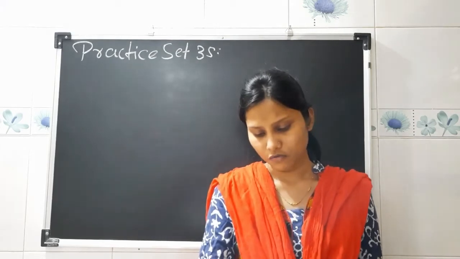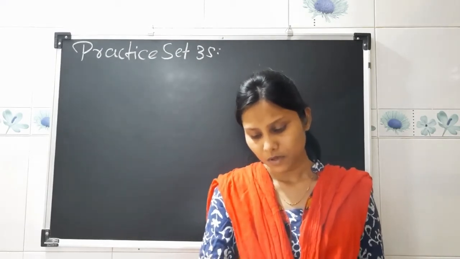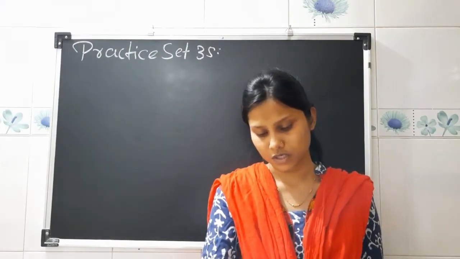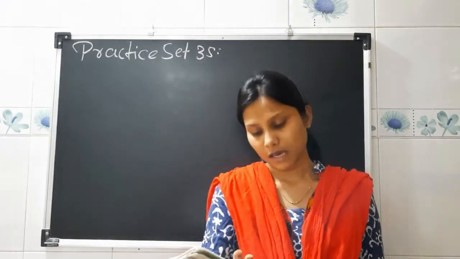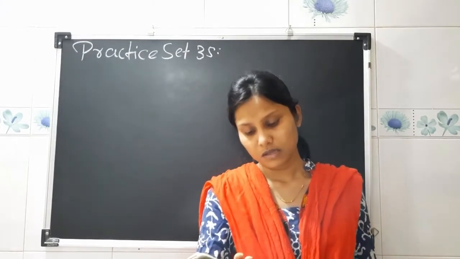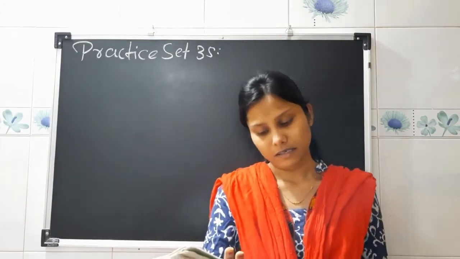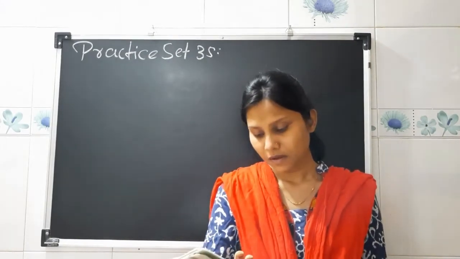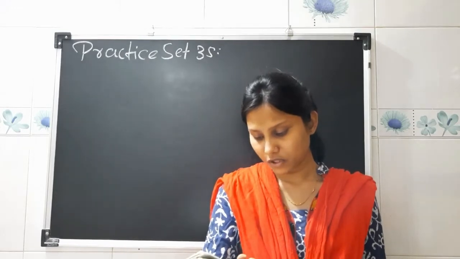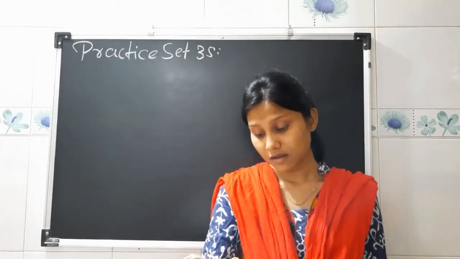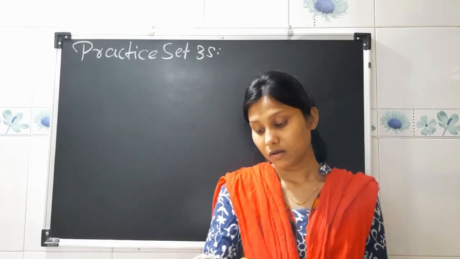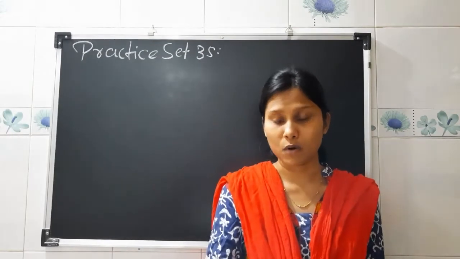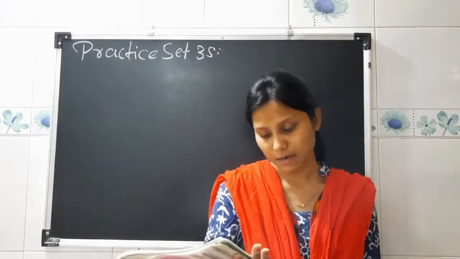At a rate of 10% per annum, what would be the interest for 1 year on rupees 6,000? See carefully, in this question they have given you the rate of interest as 10 PCPA, that is 10% per annum, and they have given you the time period. 1 year on rupees 6,000 means here rupees 6,000 is the principal amount and 1 year is the time taken.